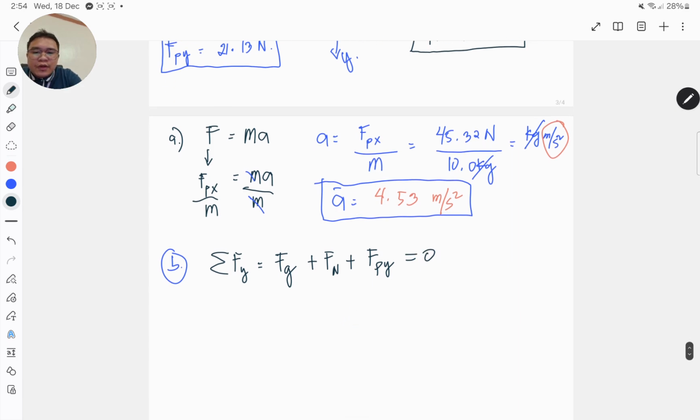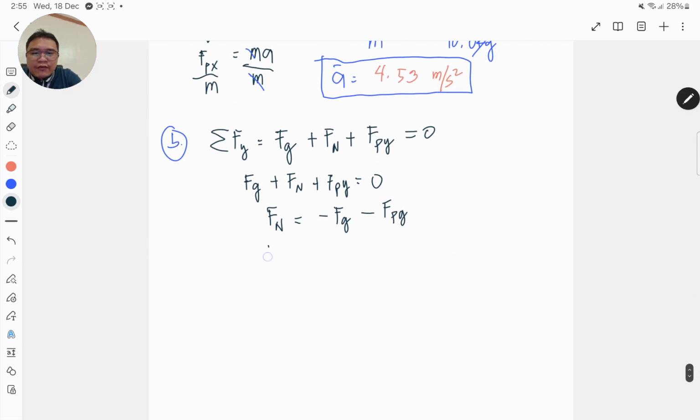So Fg plus Fn plus Fpy is equal to 0. And to calculate for Fn, Fn is equal to negative Fg minus Fpy.